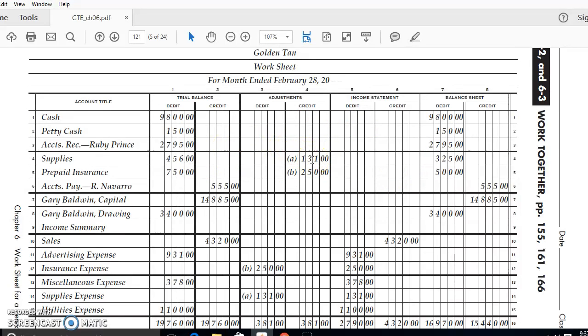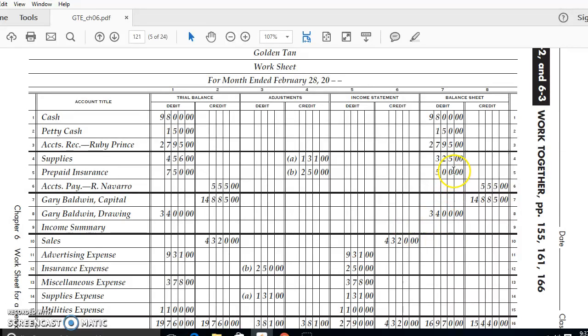Referring to page 161 again, the value of prepaid insurance in the work together is $500. You're going to subtract the $500, which is your end of the year value, from $750 to get the $250, and you use your contra accounts down here to balance and offset that.